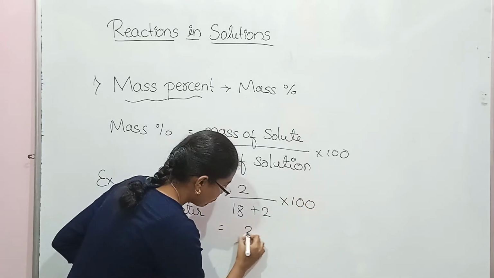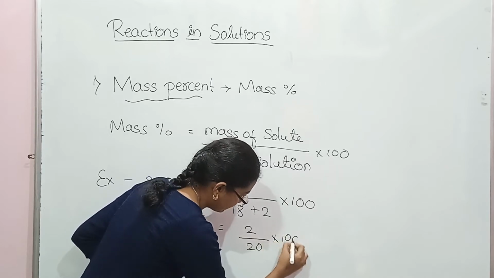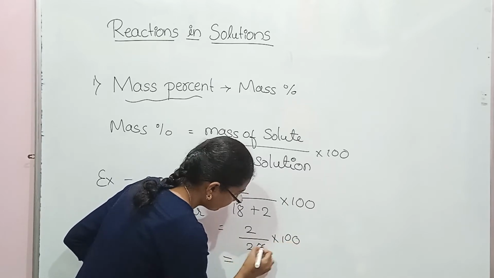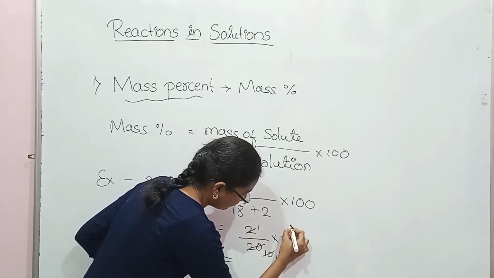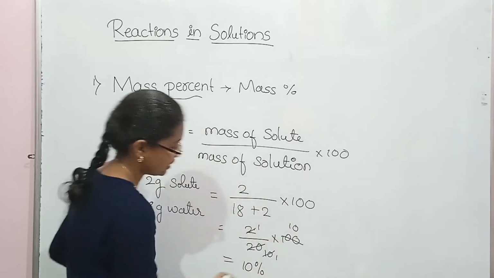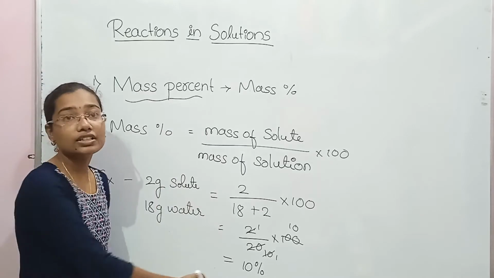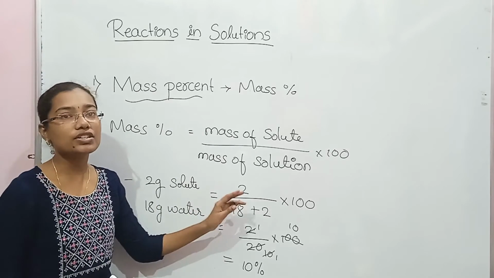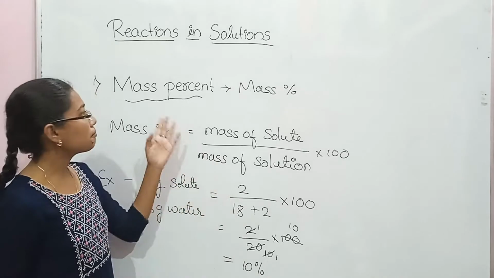Then we will get 2 by 20 into 100. It will become 10%. So this is the mass percent of the sugar present in the sugar solution, that is 10%. This is how we calculate the mass percent.